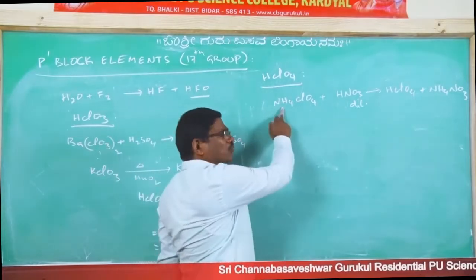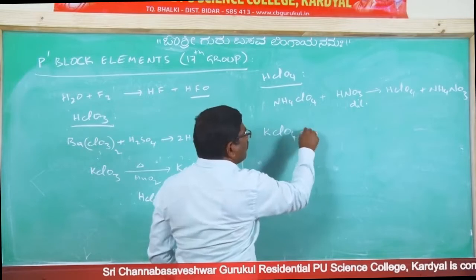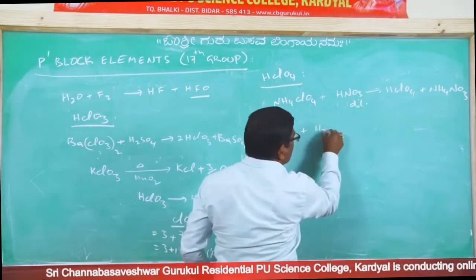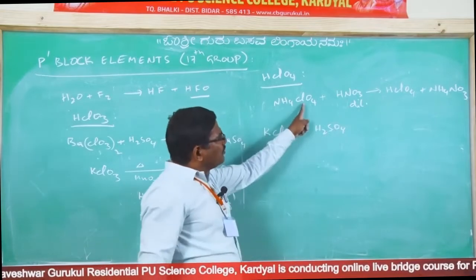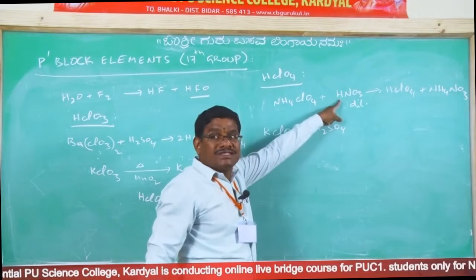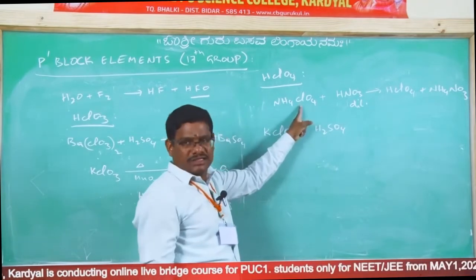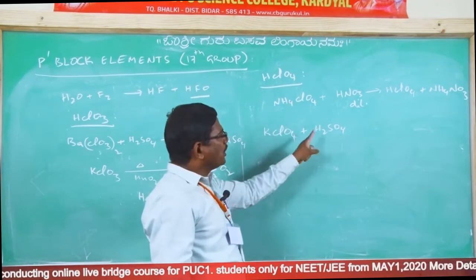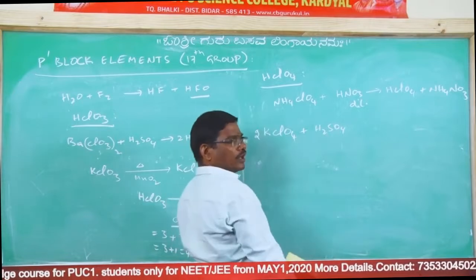Now in place of ammonium, suppose you take potassium perchlorate, when treated with concentrated sulfuric acid. Actually here the perchlorate salt, when treated with a proton-generating acid, the proton will be shifted to the perchlorate anion, that's it. So potassium perchlorate reacts with sulfuric acid, 2 moles of potassium perchlorate are required.